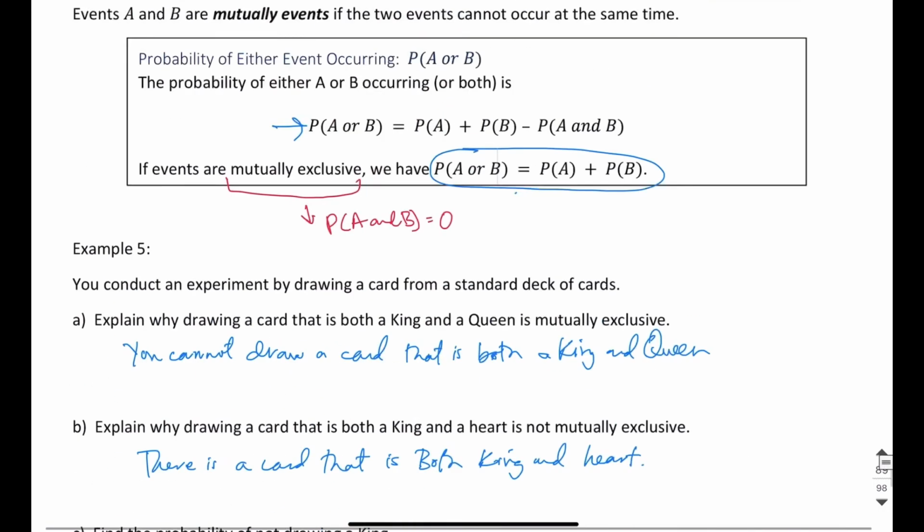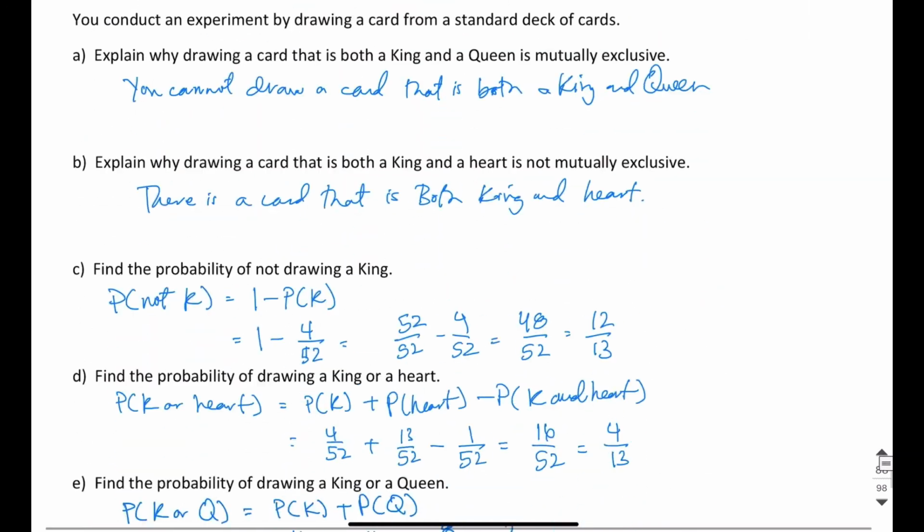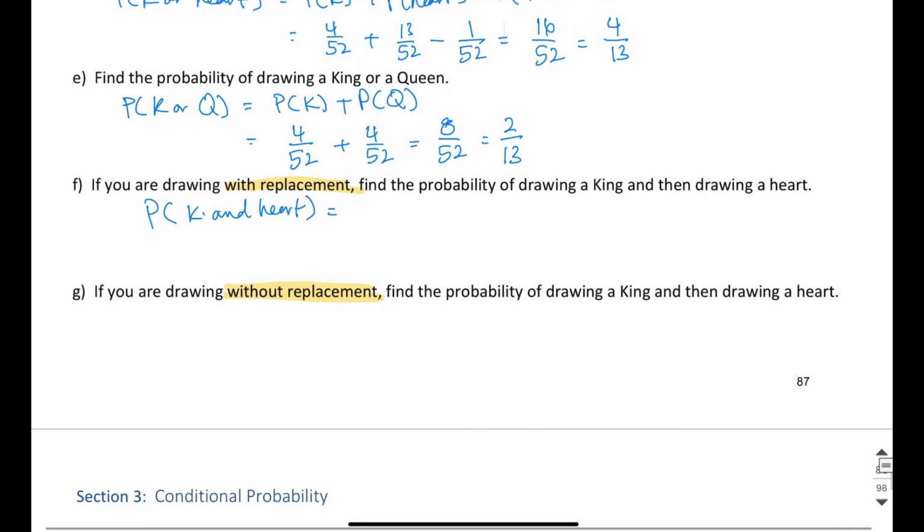So going back, we're going to use the probability of events here. The probability of A and B is the probability of A times the probability of B. So what's the probability of drawing a king and then a heart? That's the same as the probability of drawing a king multiplied by the probability of drawing a heart. To draw a king, there's 4 out of 52.